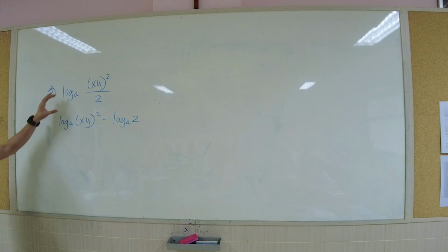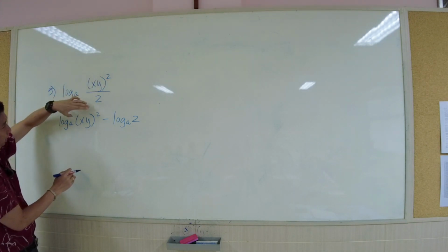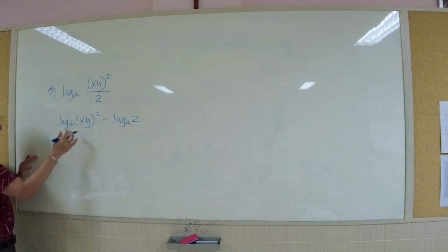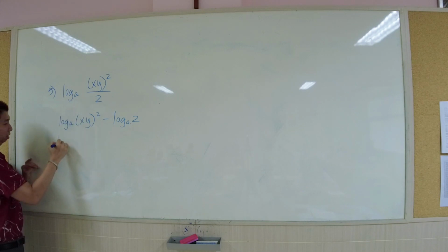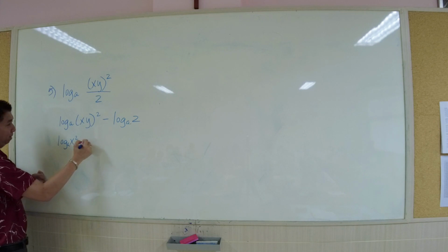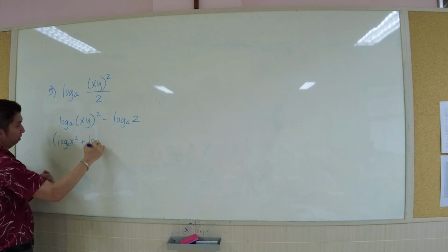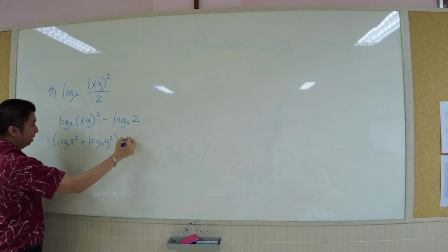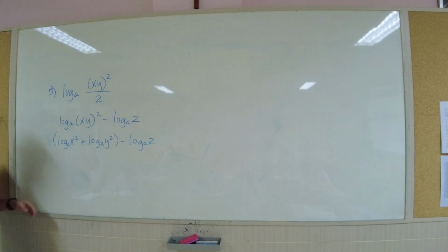First step, I separate the division first: this one minus logarithm of z base of a. Next, let us remove the parentheses. Logarithm of x power of 2 plus parentheses, logarithm of y power of 2, then minus logarithm of z base of a.